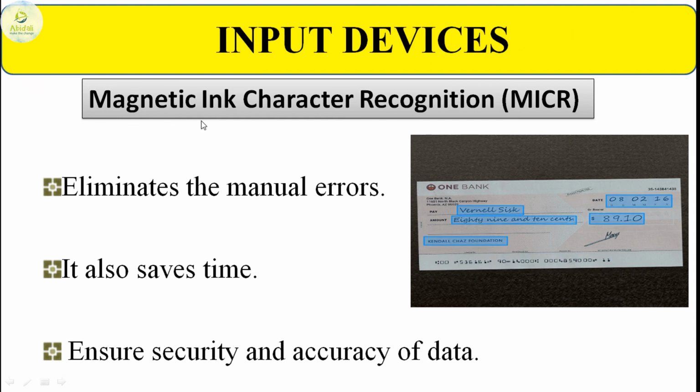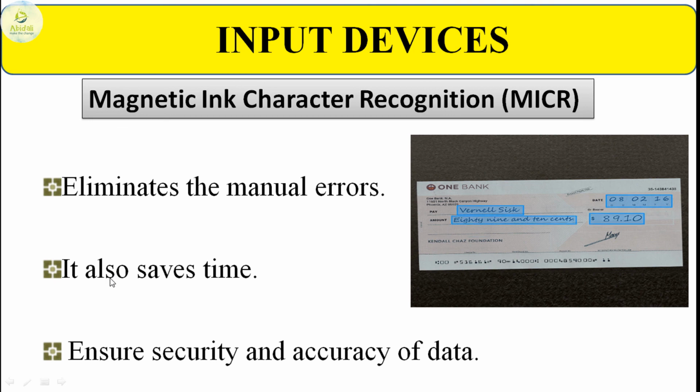The magnetic ink character recognition, MICR, is going to eliminate the manual errors that humans make while reading the check and interpreting the amount that needs to be processed. All these manual errors can be removed because the application or computer recognizes the entire thing.